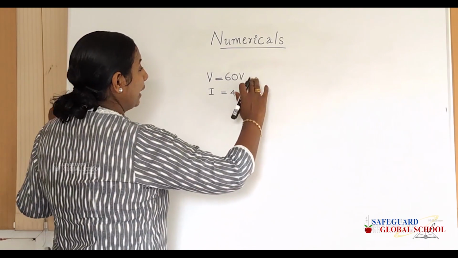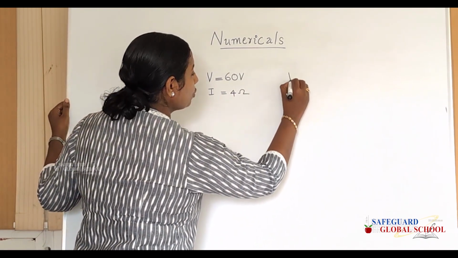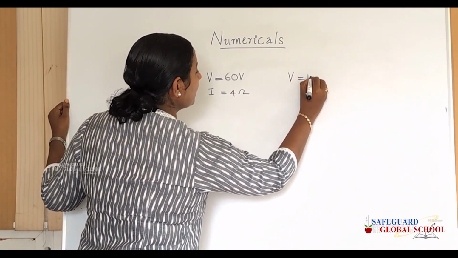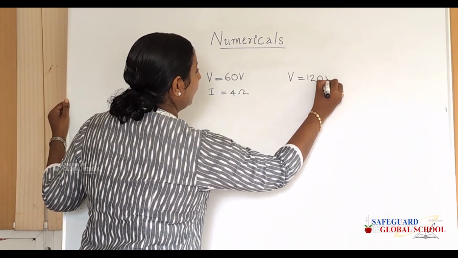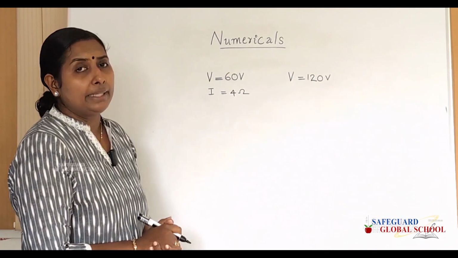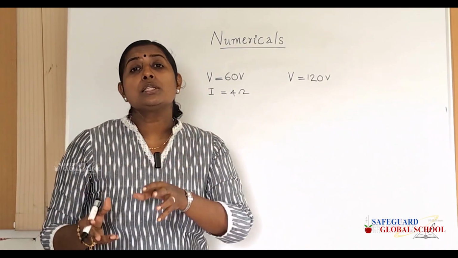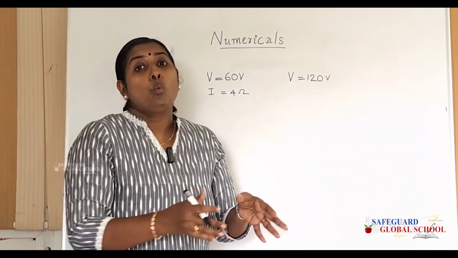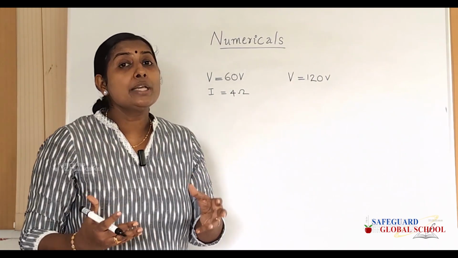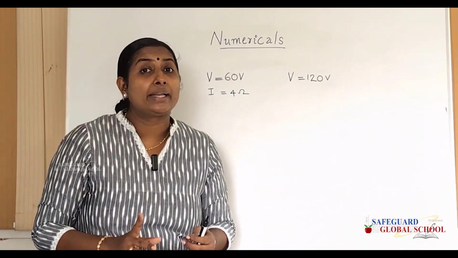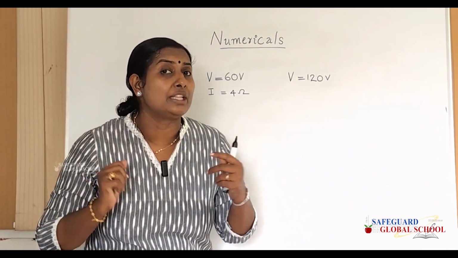So here we are using another source where the voltage is 120 volt. Children, you have to think, when we change an instrument from one circuit to another, what is the property of that instrument or device that will not change?